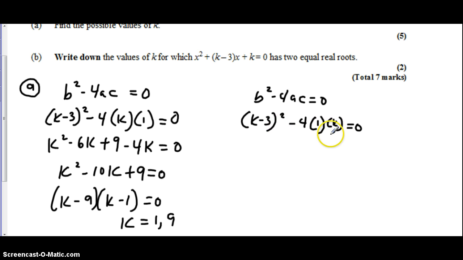So once you see that, you can realize that you've already completed that arithmetic, and you can say that my values for k for this problem are going to be the same, and k is equal to 1 and 9. So sometimes they will see if you're following what you learned in the last part to answer the second part of the problem.